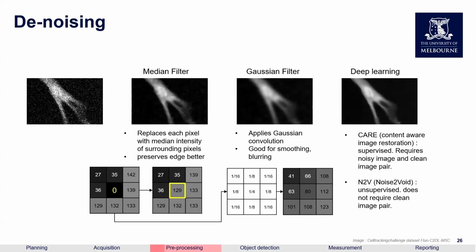But more recently, a lot of deep learning approaches have been developed for denoising, such as the tool named CARE, a type of supervised method, which means you need a paired noisy and cleaned image for training. Noise2Void, N2V, on the other hand, is an unsupervised method where it estimates and removes the noise from the noisy image itself. So there is no clean image pair required.